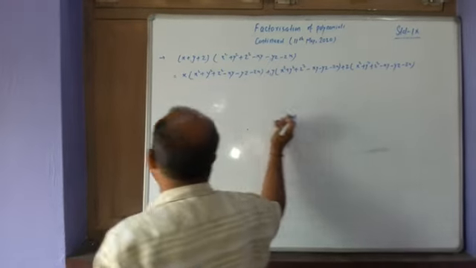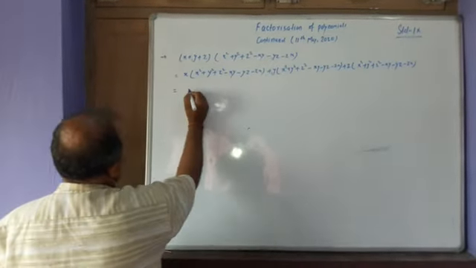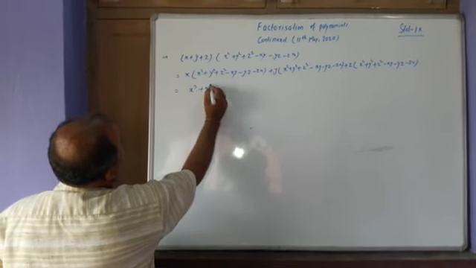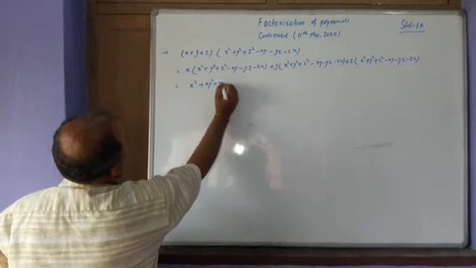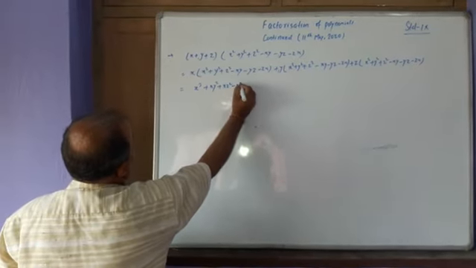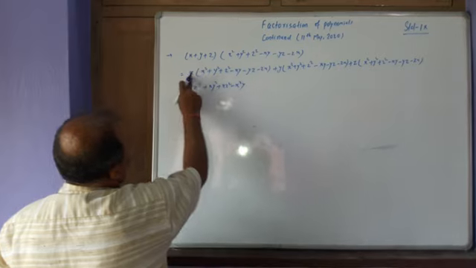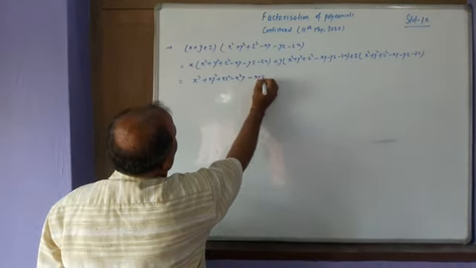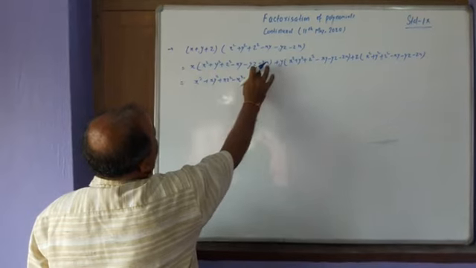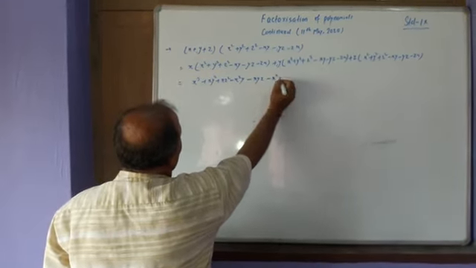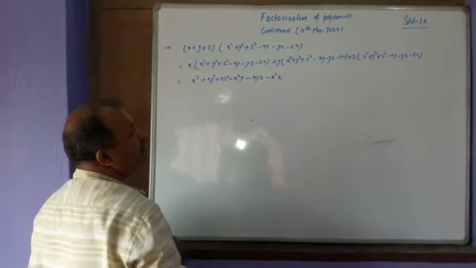On multiplying, we get x cube plus xy square plus xz square. X into minus xy gives minus x square y, x into minus yz gives minus xyz, x into minus zx gives minus x square z.